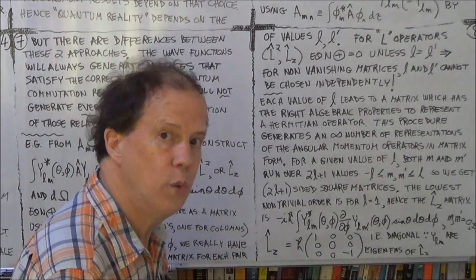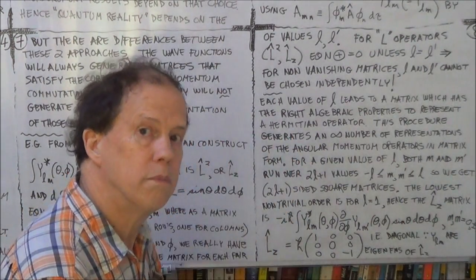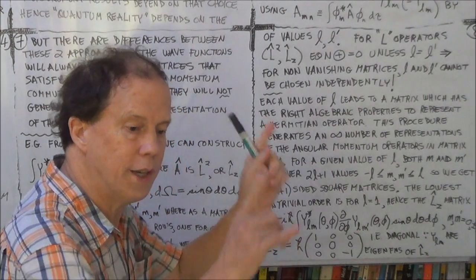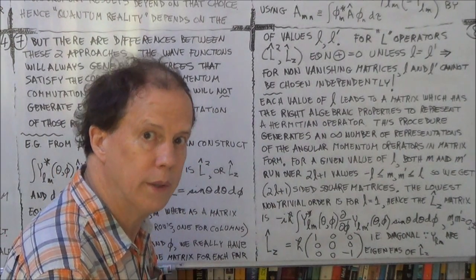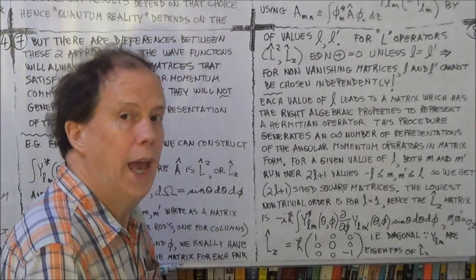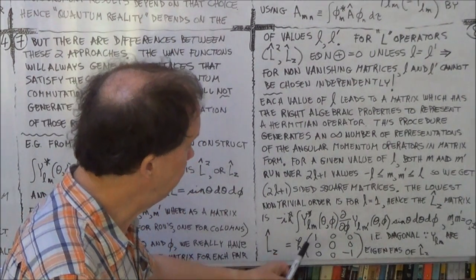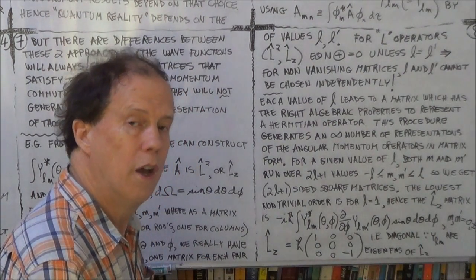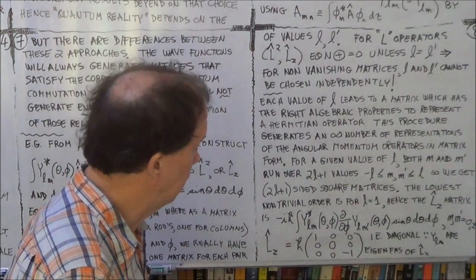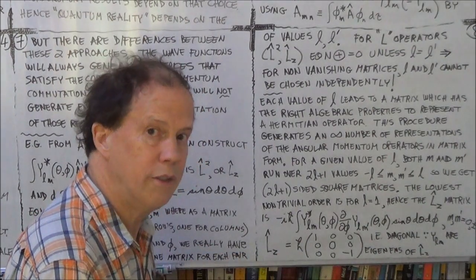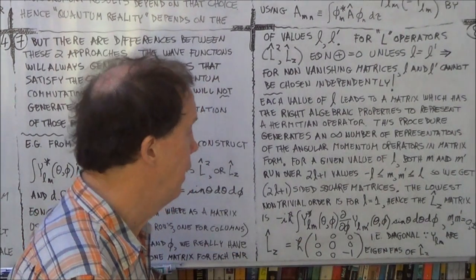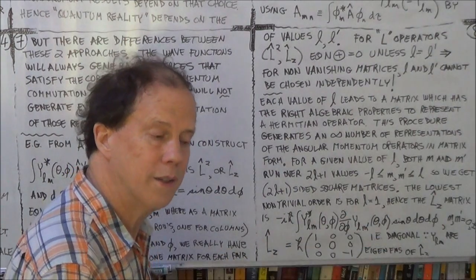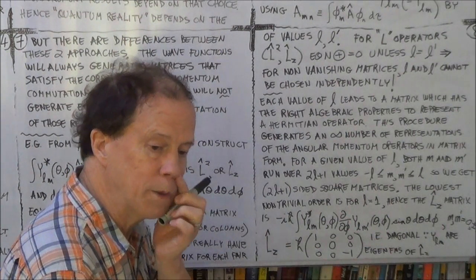They are 2L plus 1 squared matrices. So the question is, how about an even number? Could we have a matrix representation of an operator that's not 3 by 3 but an even number, like 2 by 2? That's the lead-in, the hint to the concept of spin.